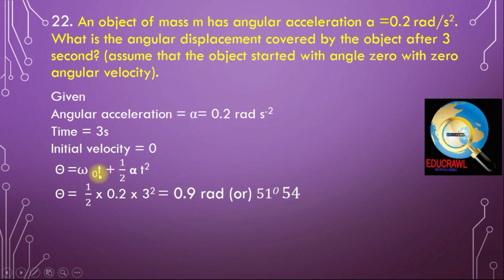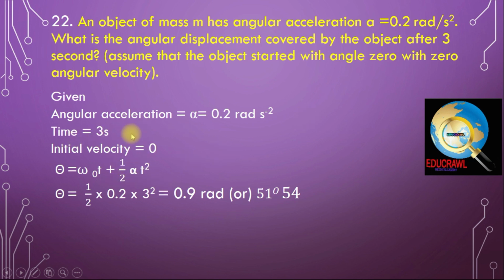The same you can write for angular motion: theta is equal to omega naught t plus half alpha t square, where omega naught is the initial angular velocity, theta is the angular displacement, alpha is the angular acceleration, and t is the time.